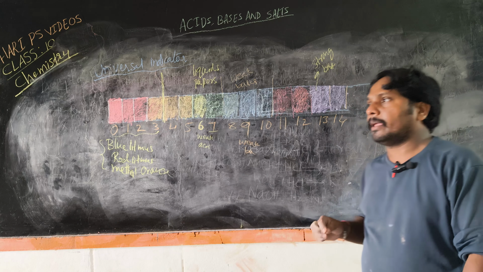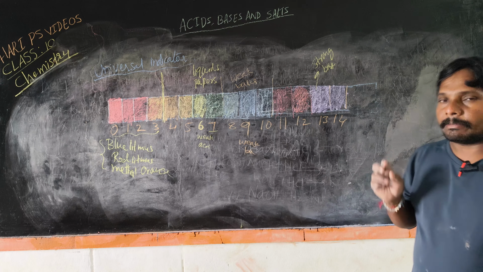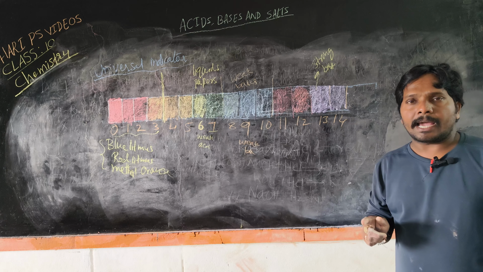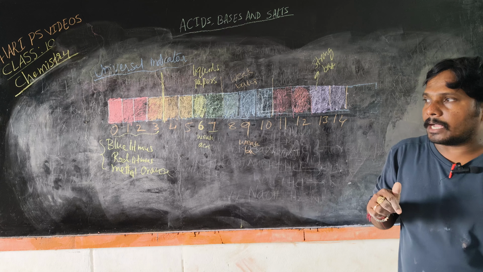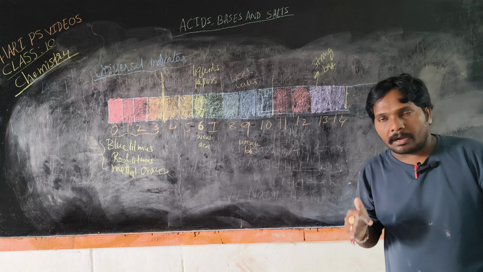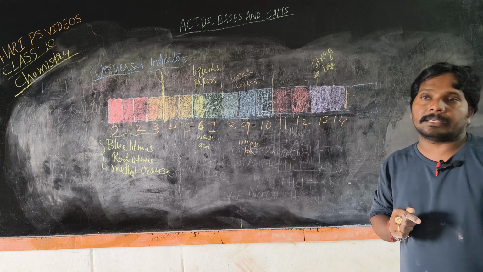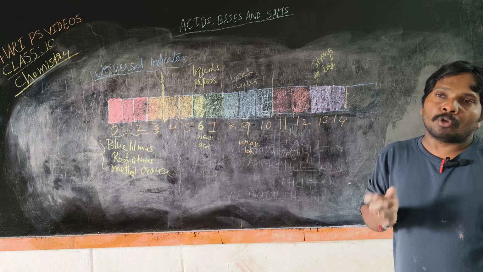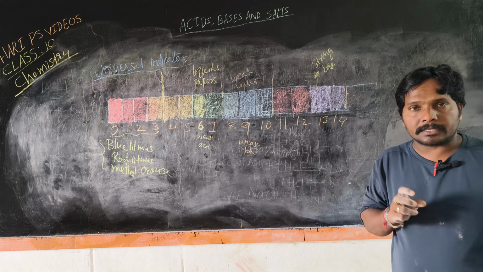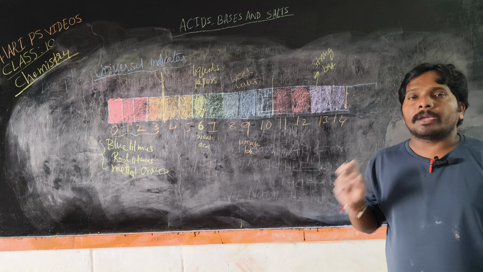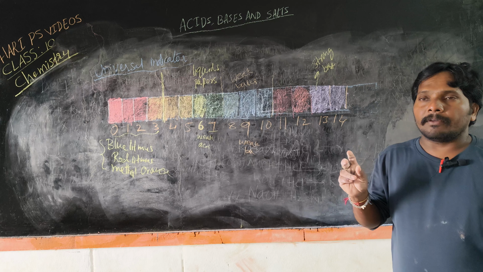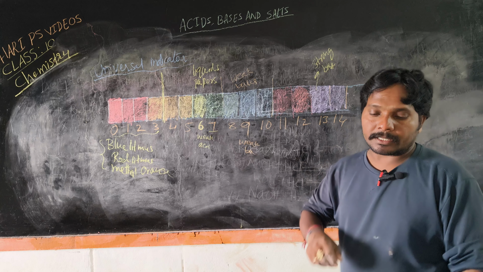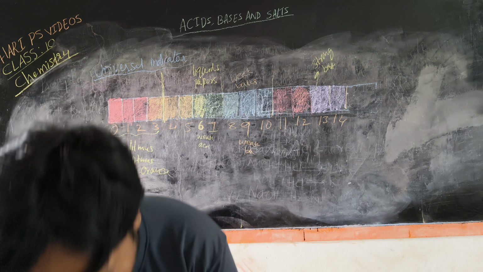You can easily identify the nature of the substance, whether it is acid or base, and if it is an acid, whether it is a strong acid or weak acid. If the given solution is a base, we can easily know its strength, whether it is a strong base or a weak base.